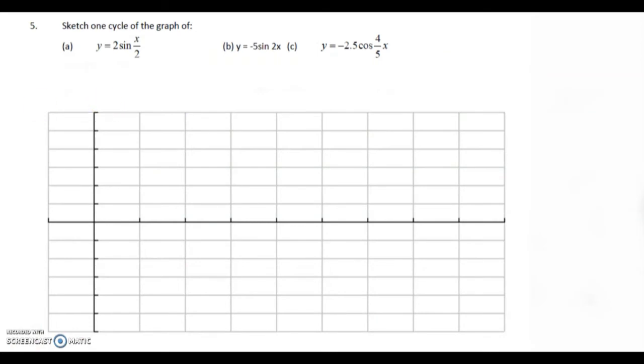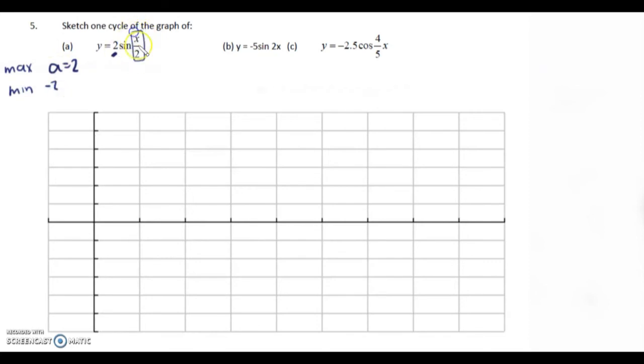Okay, so I'm going to put these three on the same graph, and they include both horizontal and vertical stretches and compressions. Okay, so for the first one, we're going to go up to 2. So the amplitude is 2, which is going to be the max. Okay, the min is going to be then -2.